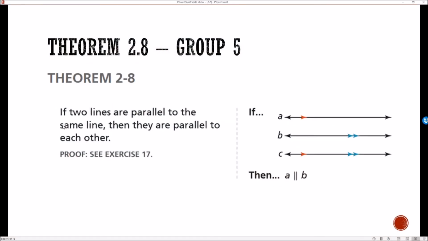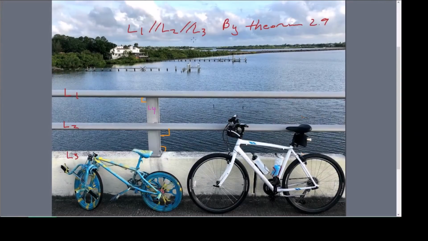Now let's go look at theorem 2.8 and see if we have something here. Theorem 2.8: if two lines are parallel to the same line, then they are parallel to each other. So let's look back here, and we're going to look at this right here. Let's go back to purple. So it's saying if two lines are parallel to the same line, then they are parallel to each other.